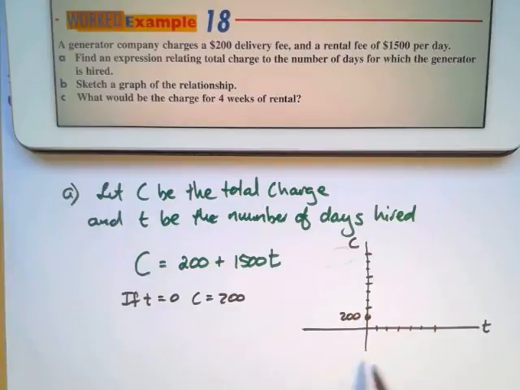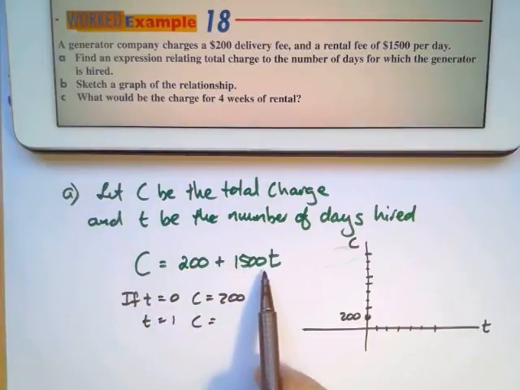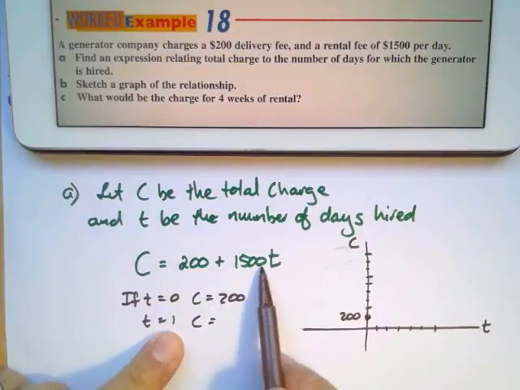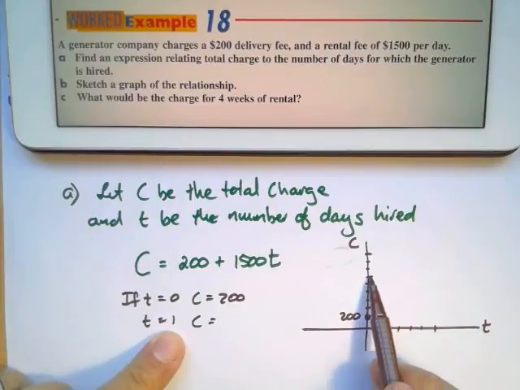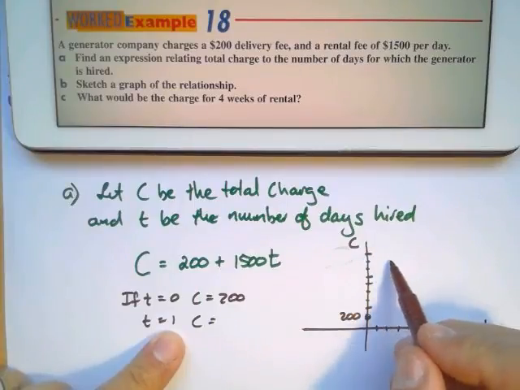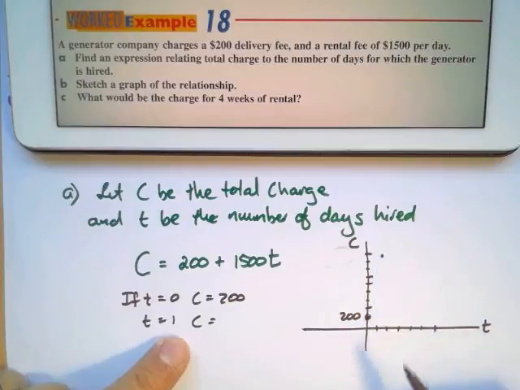If you need another point, you can either work with the gradient, which is 1,500, or you can say when time is 1, c equals, and I can substitute 1 in there. 1,500 times 1, so substitute 1 in there. 1,500 plus 200 is 1,700. So it's right up there.